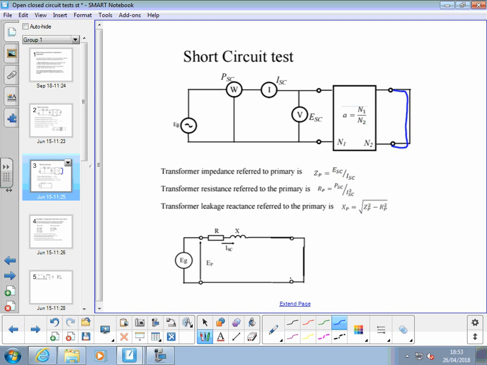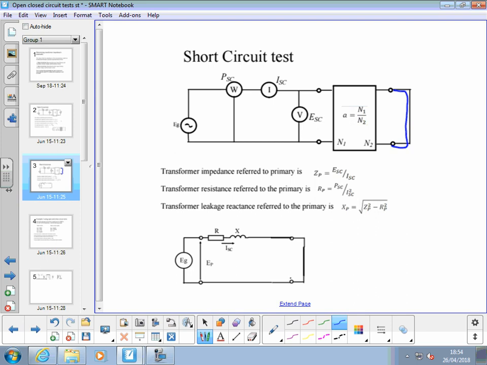Yeah? So therefore, you can find that. The total impedance is the short circuit voltage divided by the short circuit current. Transformer resistance, referred to the primary, is power short circuit divided by I squared short circuit. And then lastly, we can get the leakage reactance using Pythagoras theorem with the triangle, as we've always done.